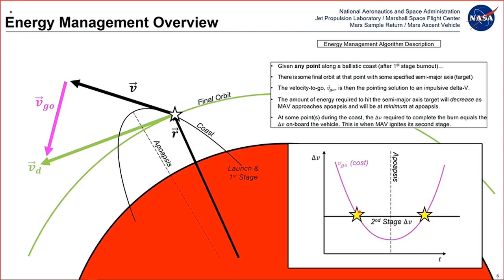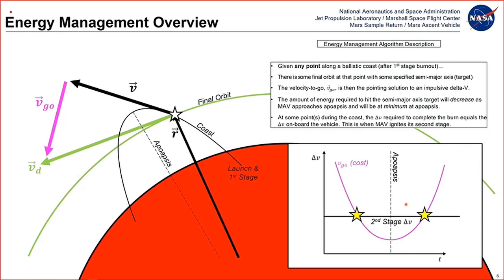Because the velocity cost is equal to the estimated velocity that we have on board, we can guarantee that we're going to hit a good orbit if we just hold fast in this orientation. You can see it's very parabolic in nature. It's a very stable type of solution space, and it occurs twice, once before apoapsis and once after apoapsis.